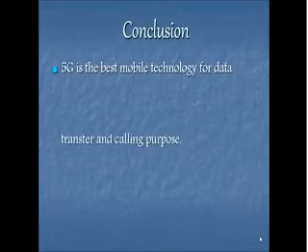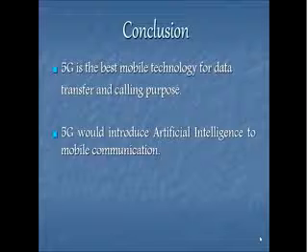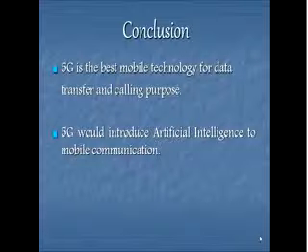Let's see the conclusion part. We are at the end of the 5G technology conclusion. Let's see the conclusion part of the 5G. The development of the mobile and the wireless networks is going towards higher data rates and all IP principle.